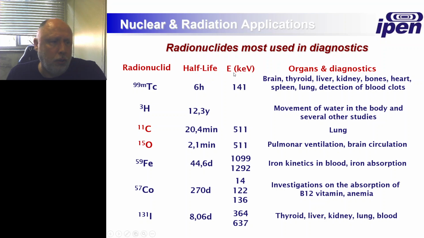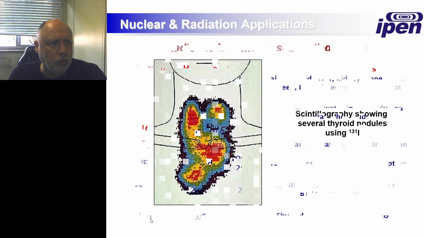The most used in diagnostics are technetium, by far the most used one, hydrogen 3 or tritium, carbon 11 and oxygen 14, which are both for positron emission tomography. So they are in vogue now, but the whole system ends up being quite expensive. You have iron, cobalt, iodine. There's iodine 133 also, and so on.